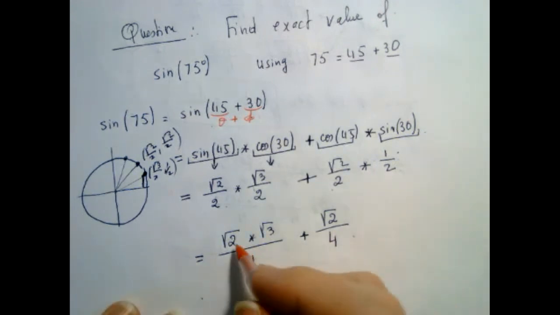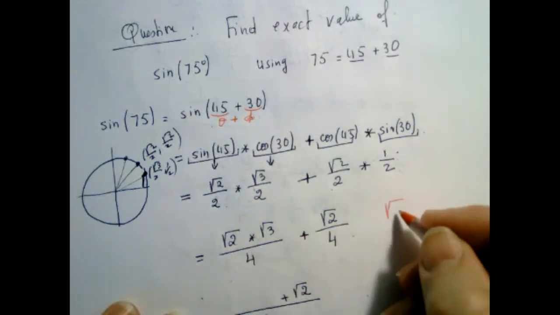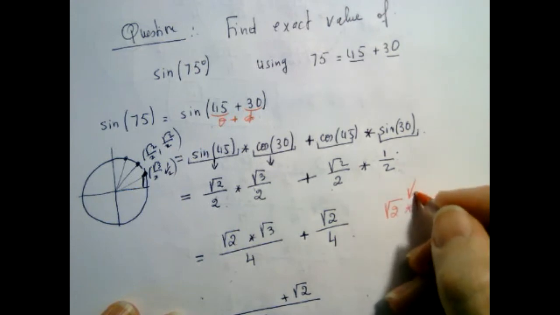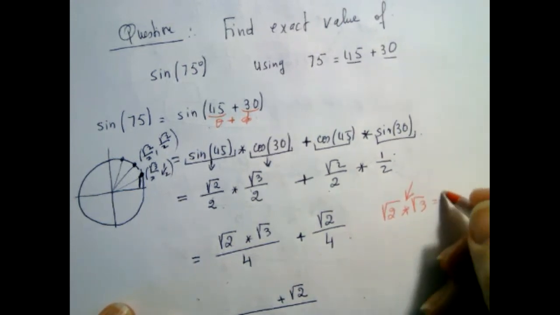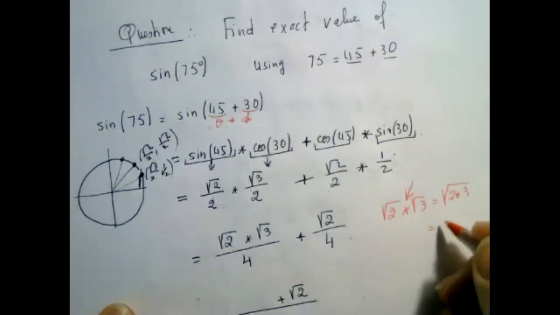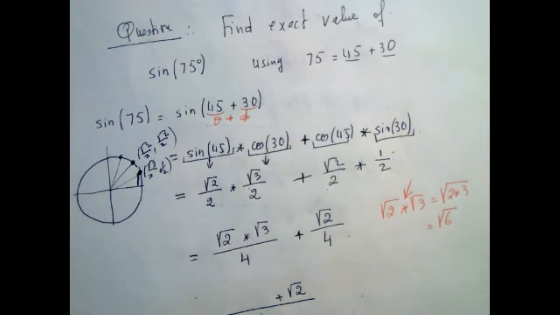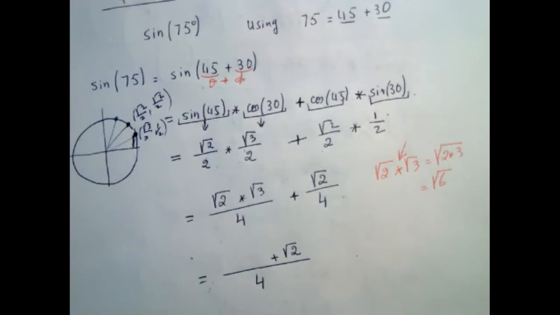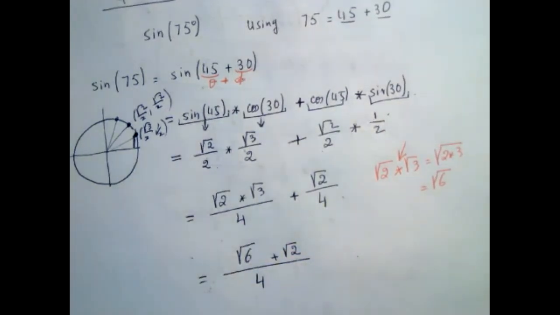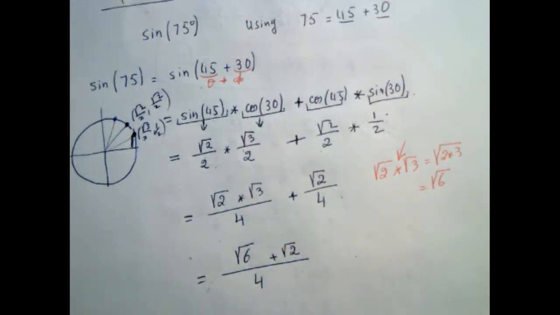And now the square root of 2 times the square root of 3, because I have a multiplication here, I can combine them under one root: the square root of 6. If I had a sum, I cannot do anything. If I have a product, then I can do that. So this would give me this. End of the problem. When I ask for the exact value, that's really what I mean by the exact value. Nothing more, nothing less.